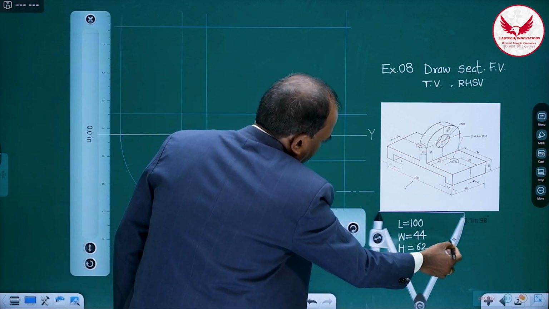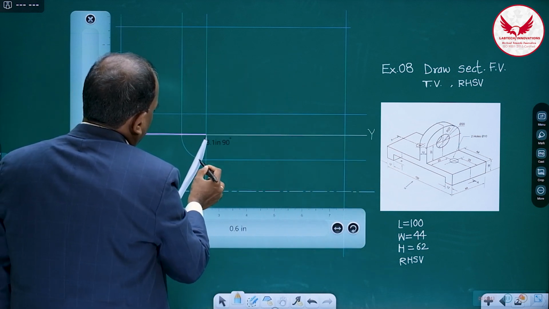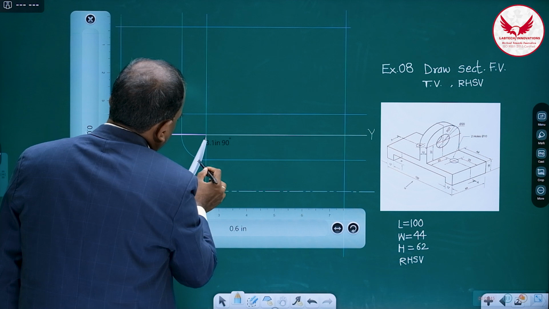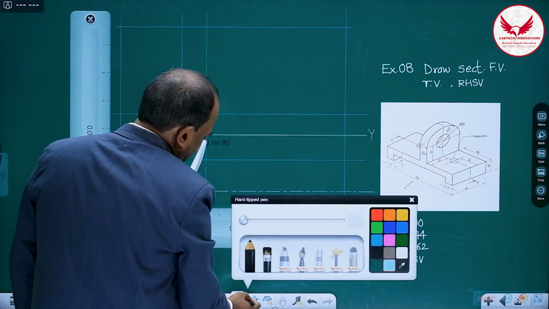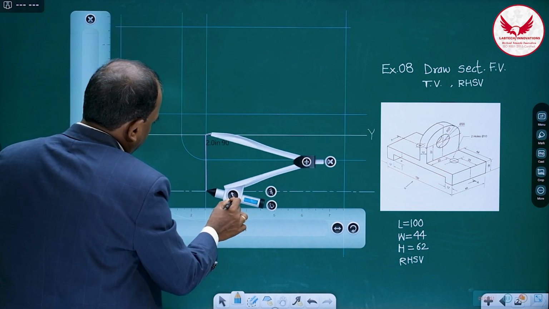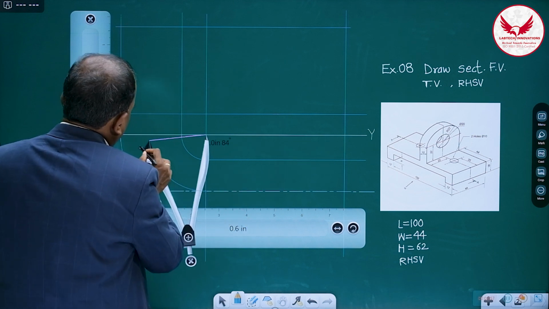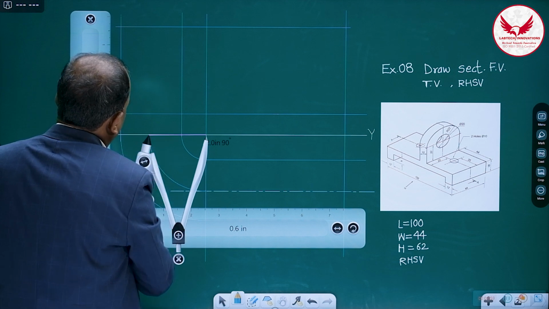Then immediately you can transfer this center line to the side view. How can we transfer it? With the help of a compass, we can transfer it in the side view.